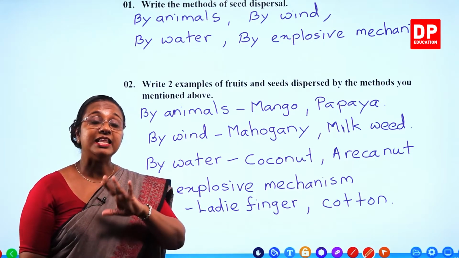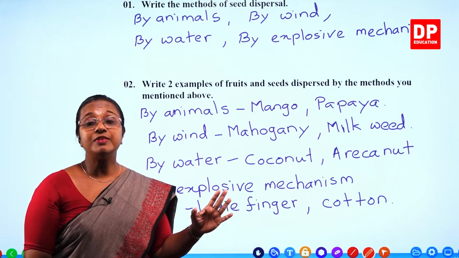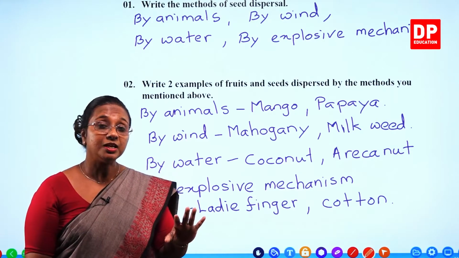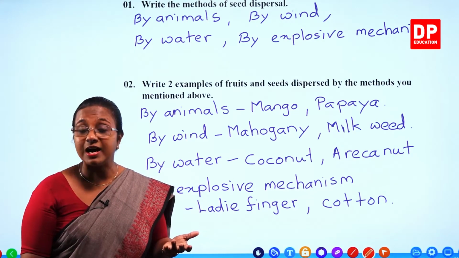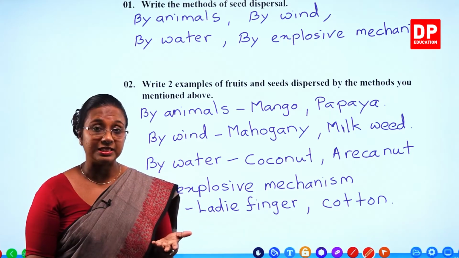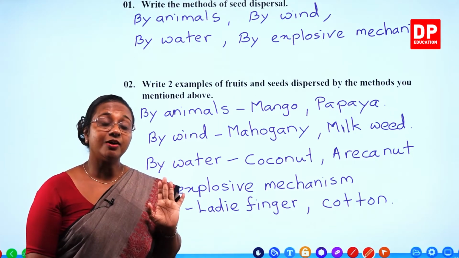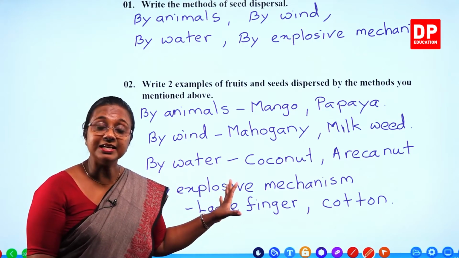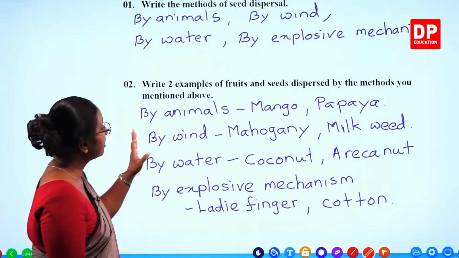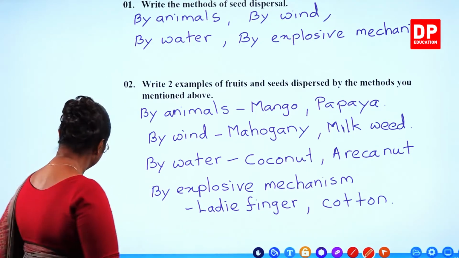So like that, they have different modes of dispersion of seeds and fruits. And also, one particular fruit can have more than one adaptation in order to disperse by a particular method. So these are all adaptations and examples that you already know. So with that, students, I will move on to the next question.